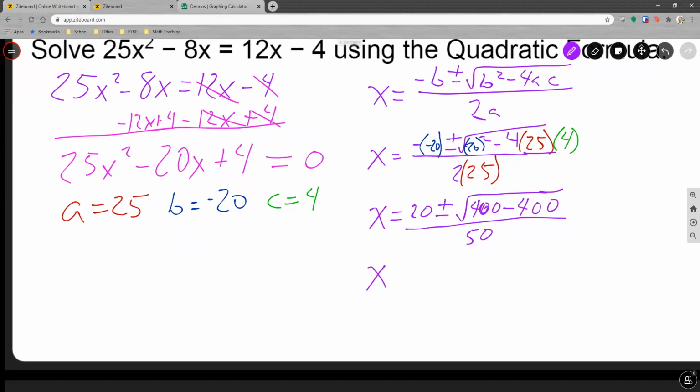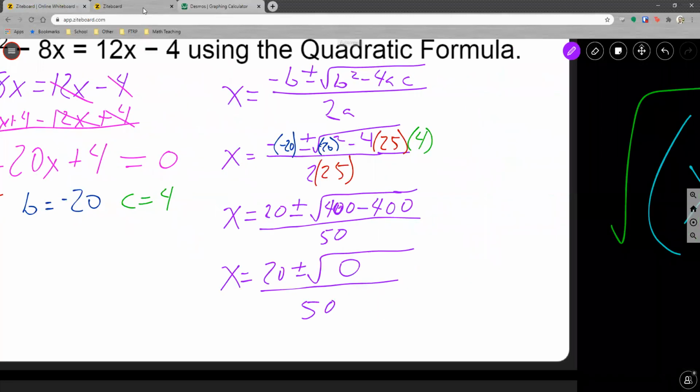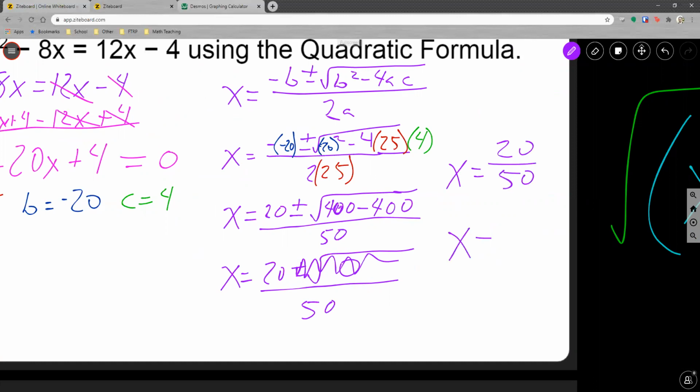I'm going to have x equals 20 plus or minus, well, 400 minus 400 is just going to be 0 over 50. Well, square root of 0 is just 0. Plus or minus 0 does nothing, so I can get rid of all of that. So really, x is just going to equal 20 over 50, which can reduce down to 2/5. And I've got one real solution.